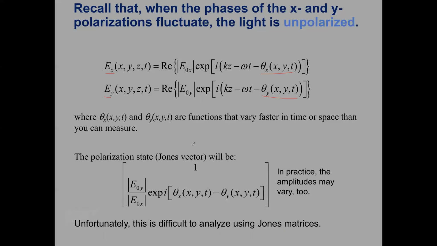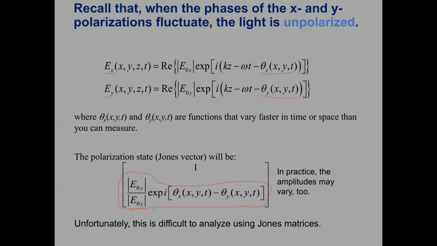If we wanted to write the Jones vector for this type of light source, it would look something like this. In practice, this is something that's changing very quickly, so we can't really treat unpolarized light with the Jones vector and Jones matrix approach. If you're doing an experiment where your light always has some definite polarization, this works really well. But if it's unpolarized at any point, the Jones matrix approach doesn't work.